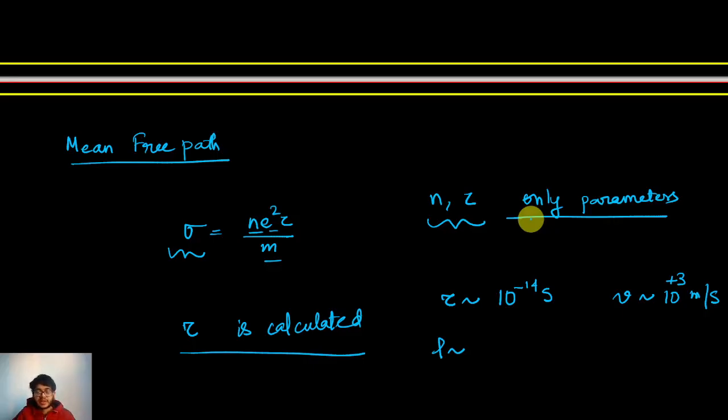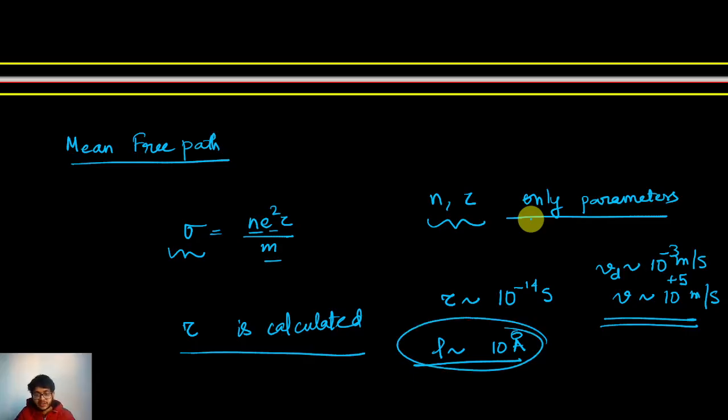Taking all of this into account, what we see is that the mean free path is of the order of 10 angstroms. This is the thermal velocity and this is the drift velocity. Drift velocity is 10 to the power minus 3, thermal velocity is around 10 to the power 5. So this is 10 angstrom, which is around the lattice constant of many atoms or many molecules, right?